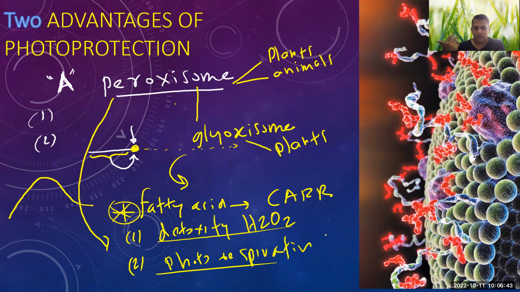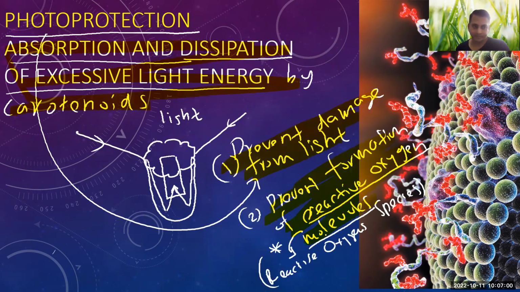And you don't know what the effect of hydrogen peroxide is, where it comes from and why these hydrogen peroxides are important, right? Go back here. What is the function of carotenoids? Two functions: prevent damage from light, and prevent formation of reactive oxygen molecules.